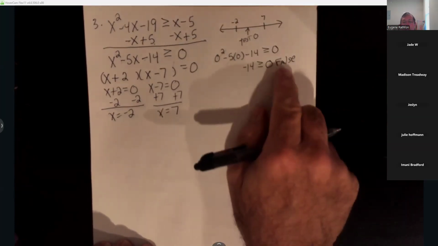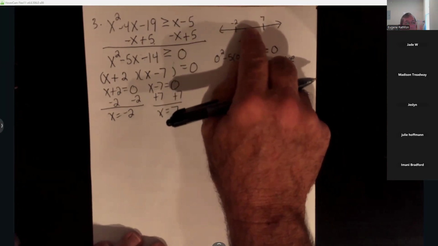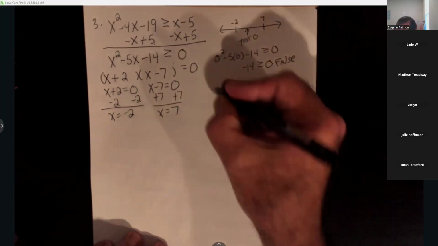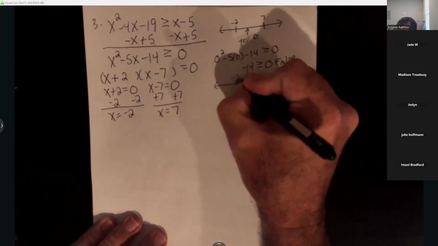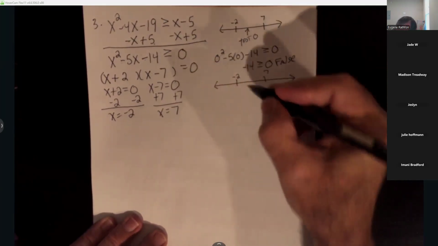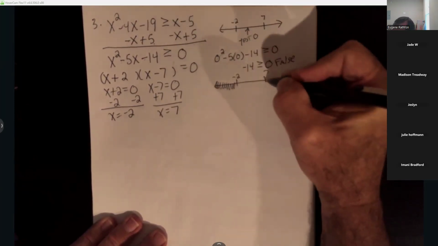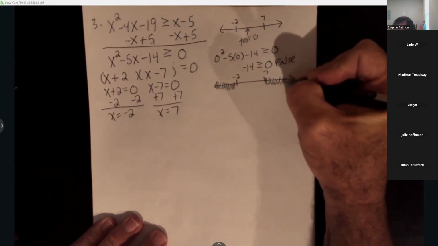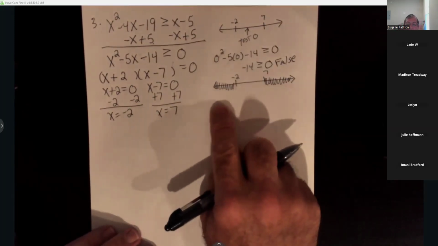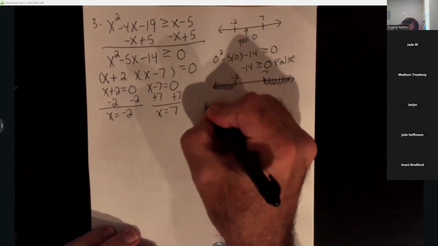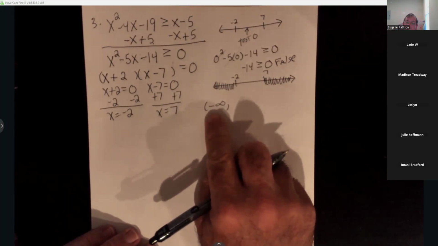So remember, since it's false, I cannot shade it where the 0 was, and we're going to shade the outer edges. So here's negative 2 and 7. So I cannot shade there, so I am forced to shade my outer edges. Okay? Which means my interval will start at negative infinity. Remember, infinity always uses the curves.